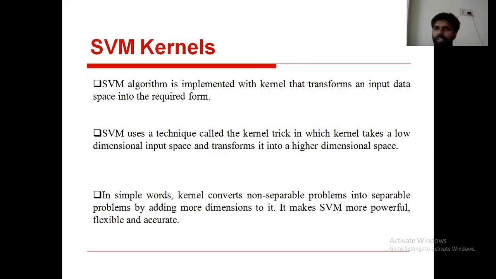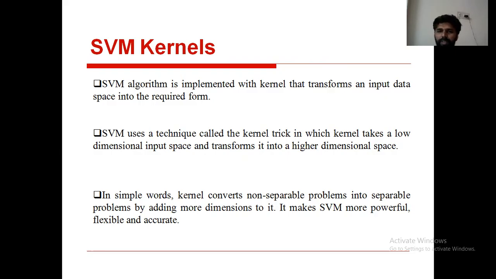To construct support vector machines, we are using kernels also. What is the main objective of a kernel? Kernels are used to transform the input data space into the required form. Means the low dimensional input space is transformed into a higher dimensional space.